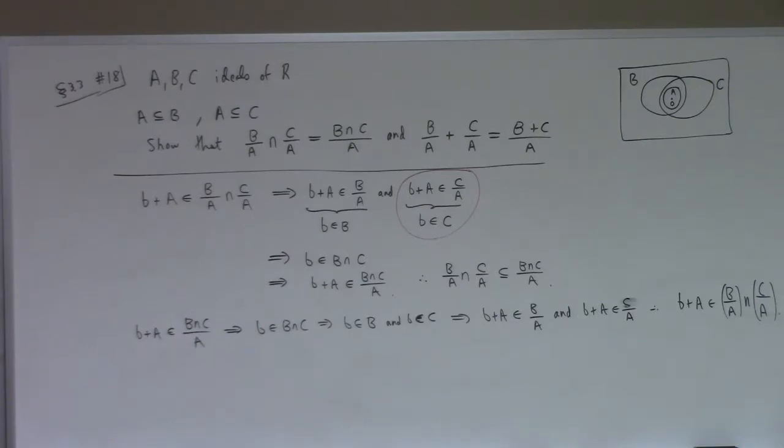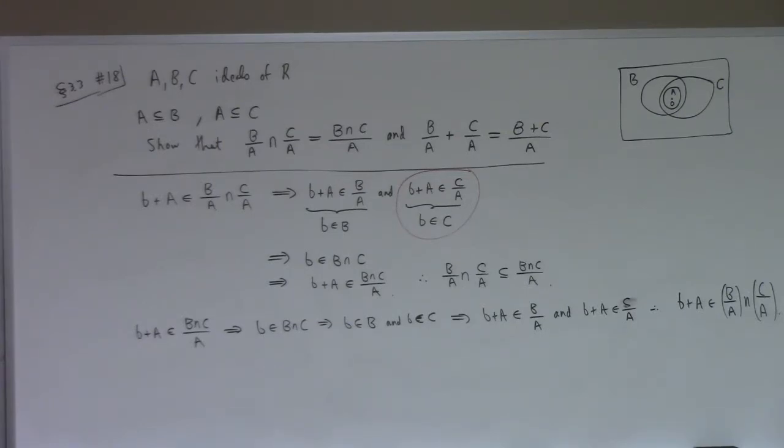Okay, the other one then. We'll try the other one? Yeah. Okay, so if we have x an element of B over A plus C over A, then that implies that x is equal to b plus A plus c plus A, for some b plus A in B mod A and c plus A in C mod A, right?